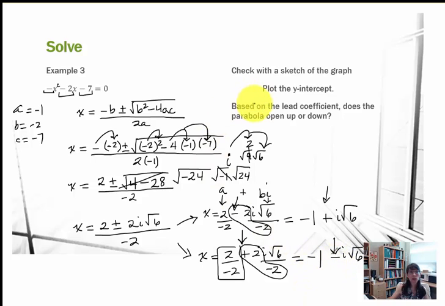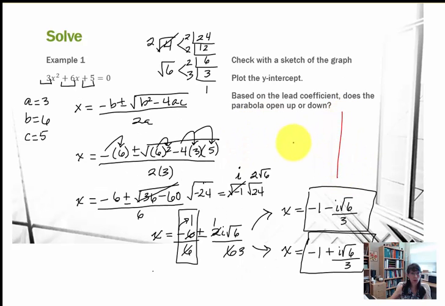Now what we haven't done is made a sketch of each of these. So let's go back to the first example, and we'll make a quick sketch of this parabola. Remember, there's no x-intercept because we had a negative number under the radical. But we can look at what direction the parabola opens from the lead coefficient. It is positive, so it's going to be opening upwards, and it's not going to have any x-intercept.